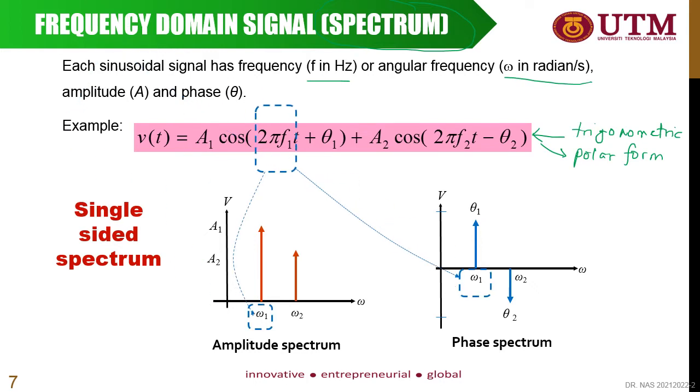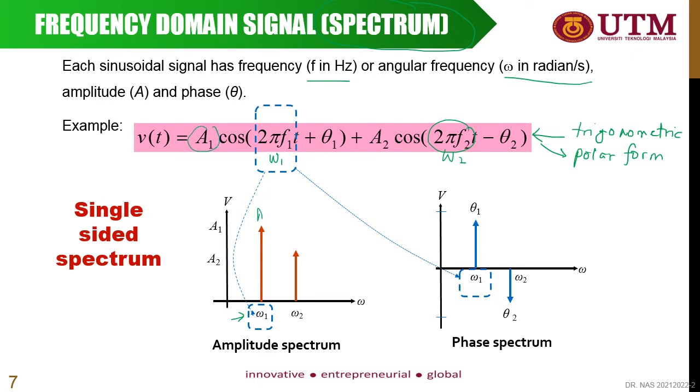Okay, so first, you need to identify the frequency, how many frequency components you have in the equation. For this particular example, you have two frequencies. The first one is omega 1, and the second one is omega 2. So for amplitude spectrum at omega 1, the amplitude is A1.